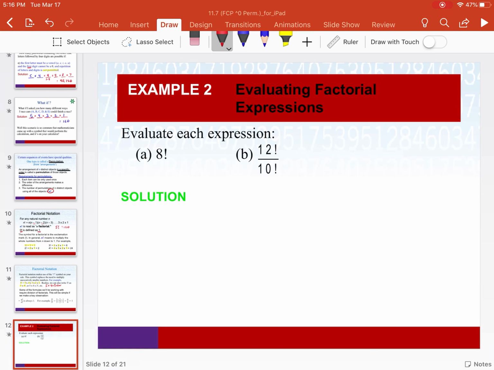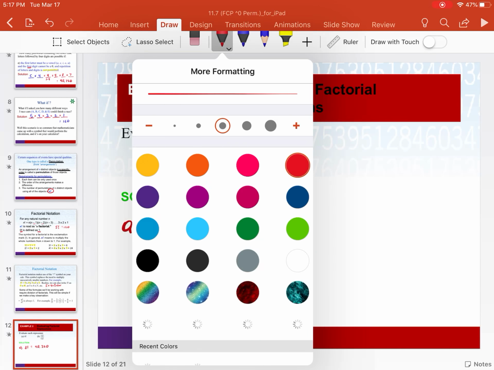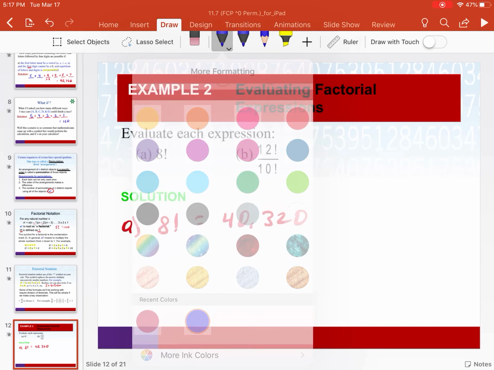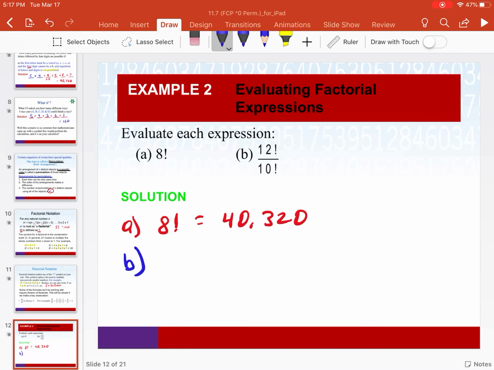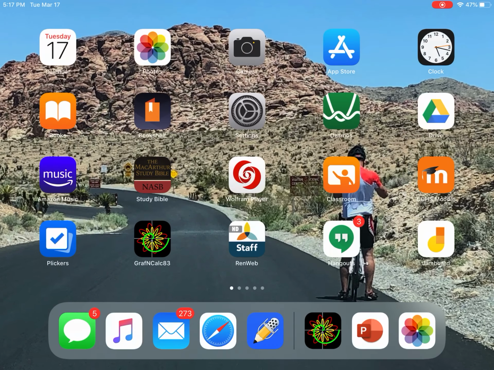So for A, 8 factorial was 40,320. Now why don't you go ahead and try B on your calculator: 12 factorial divided by 10 factorial.